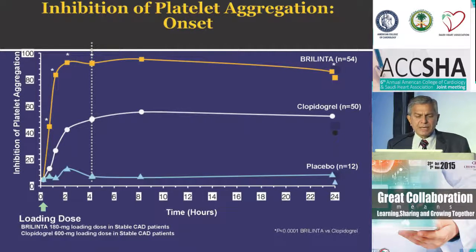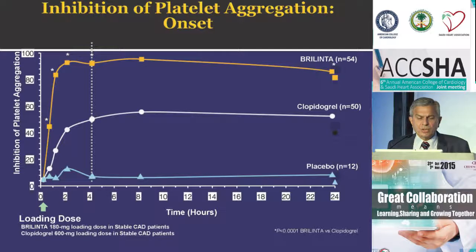So you see here that ticagrelor, in about half an hour from giving the loading dose, will give you 50% inhibition of platelet activation, while with clopidogrel, inhibition of platelet activation remains very low.